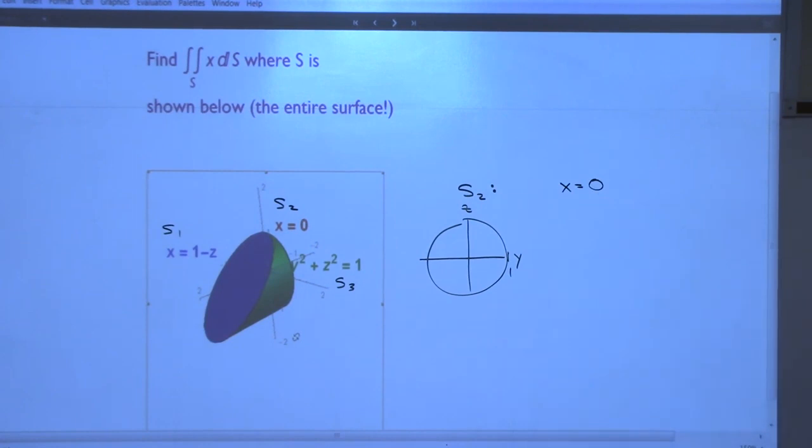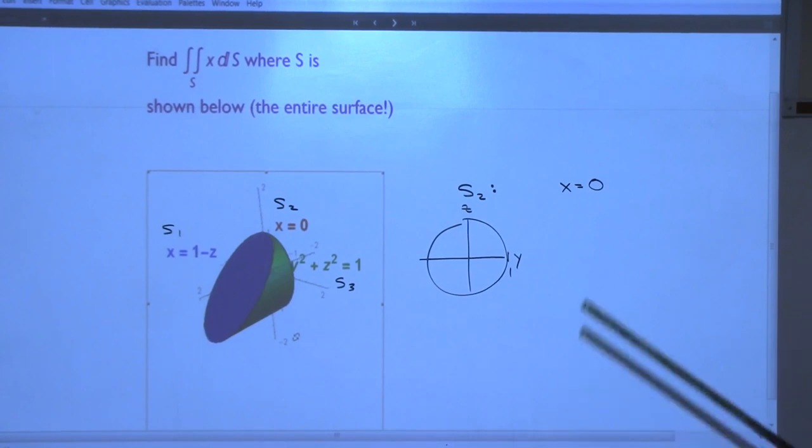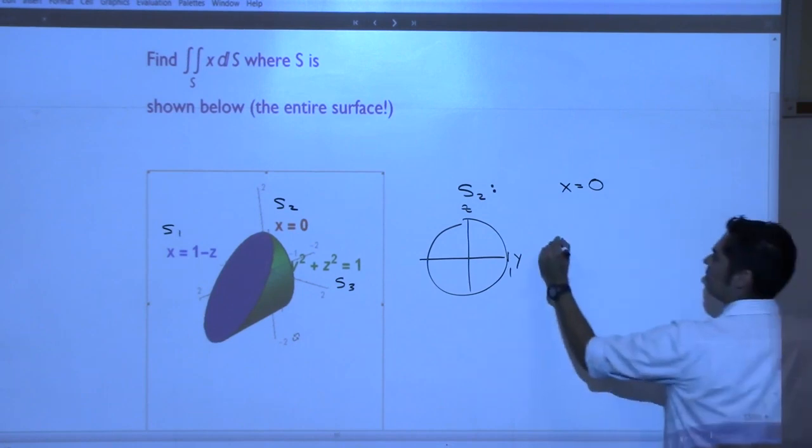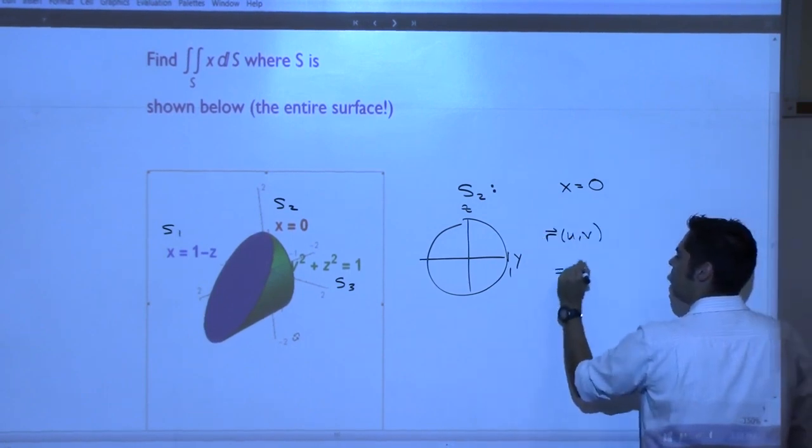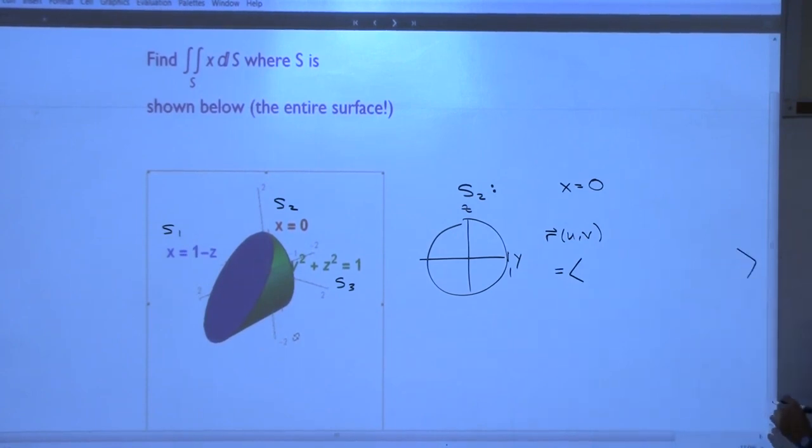And now we have to really think about what we want to do. We can do this easy or we can do this hard. Here's the hard way. The hard way, and I won't work through the whole thing, would be to come up with my R of uv, which draws that, which we practiced, and we should all know how to do this.